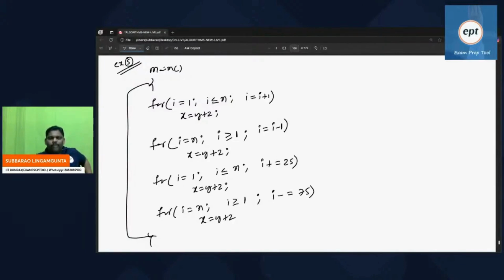Can you try what is the answer of this problem? Let's see how many people will give the answer.